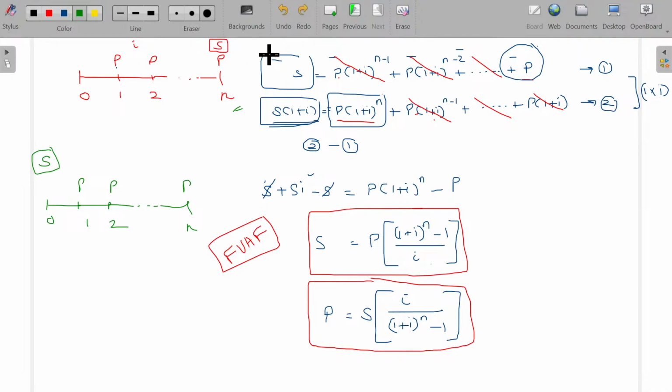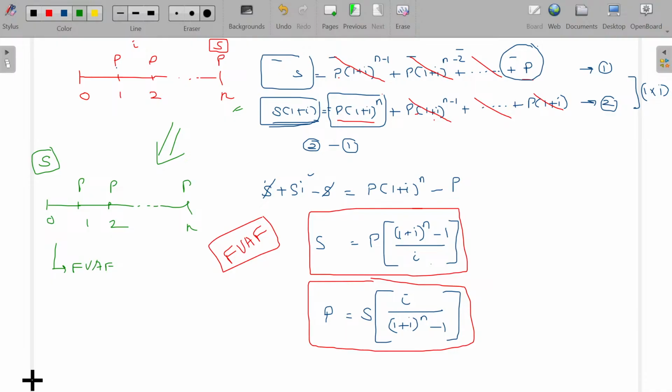Isn't it? The difference between these two formulae, where s is brought to 0th period, it means with that one, you have to multiply with the present value factor. This one will be future value anti-factor. If you use the future value anti-factor, the formula is s is equal to p into 1 plus I to the power n minus 1 divided by I. If you apply this formula, you will get the future value of the stream of payment.